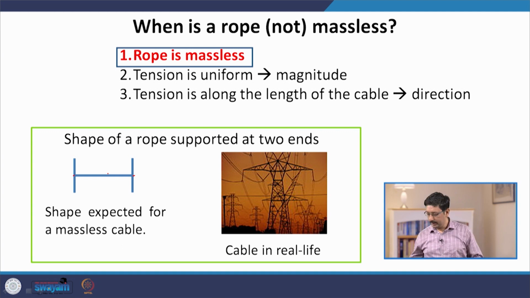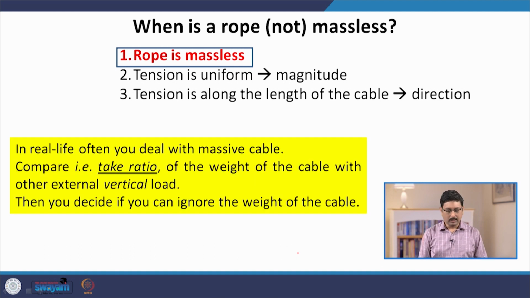In fact, this is commonly seen when you are traveling through the countryside on a train: you will see power transmitters along the fields, and the ropes hanging between two power transmitters are clearly not horizontal. So in a lot of situations in real life you cannot assume that the rope is massless. Then what do we mean by a massless rope?